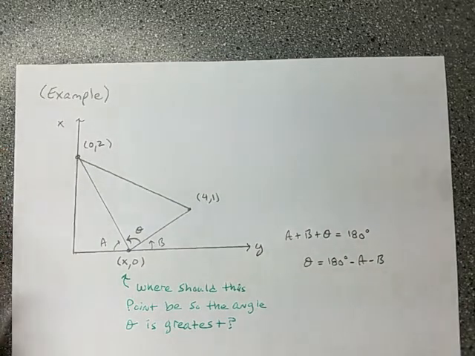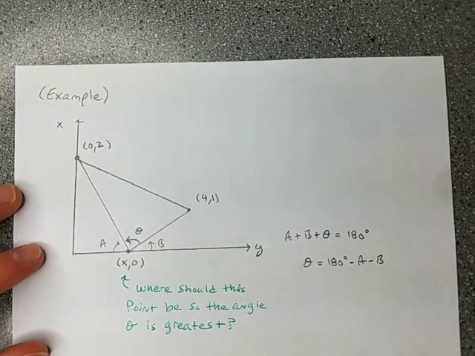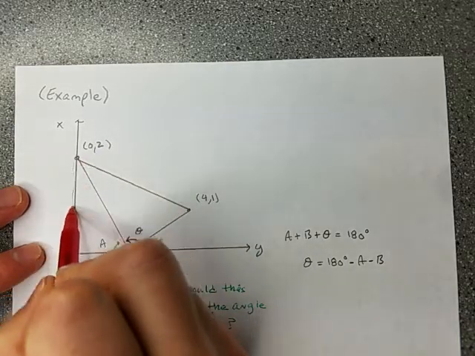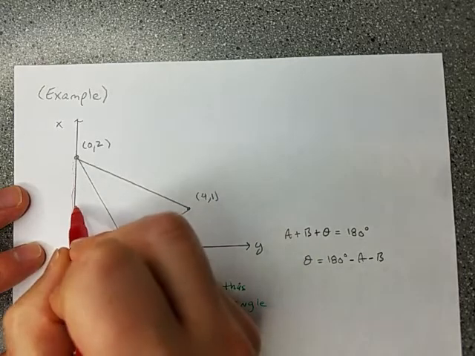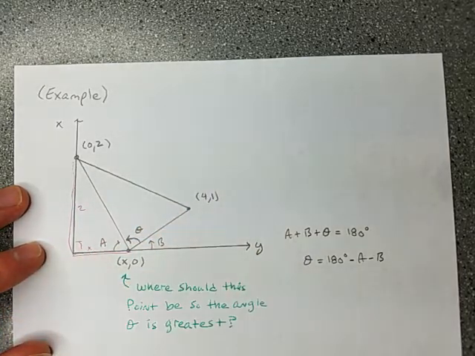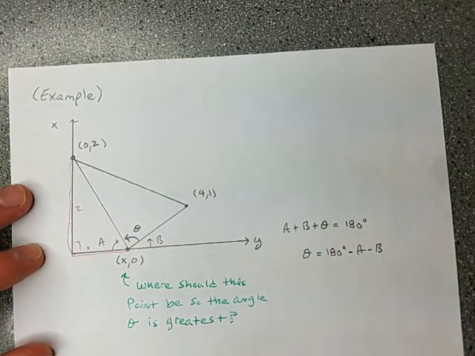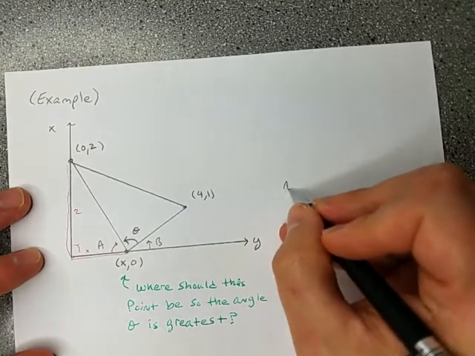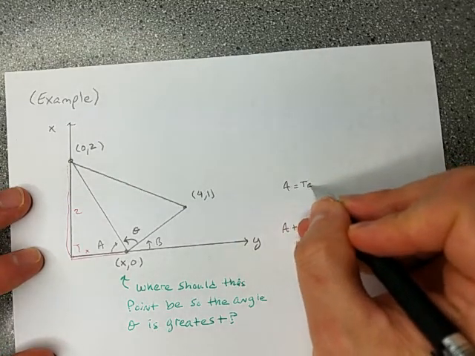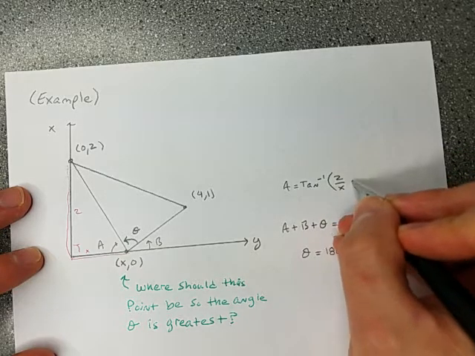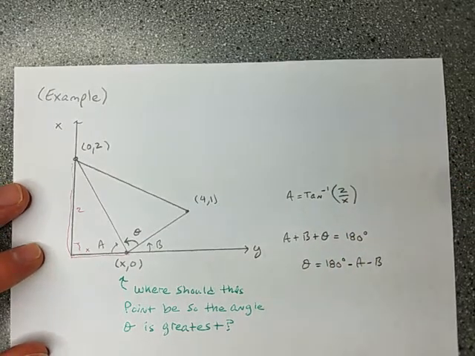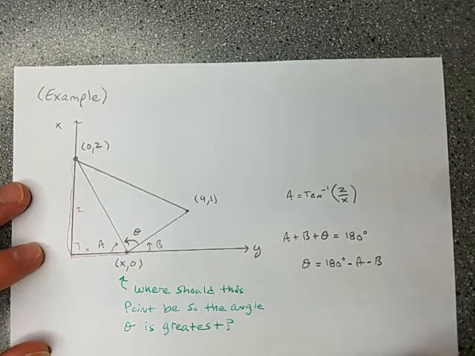What can you tell me about angle A? For angle A, there's this triangle right here, and it's a right triangle. And this side's 2, and this side's x. So I could say that angle A is tangent inverse of 2 over x. And what about angle B over here?